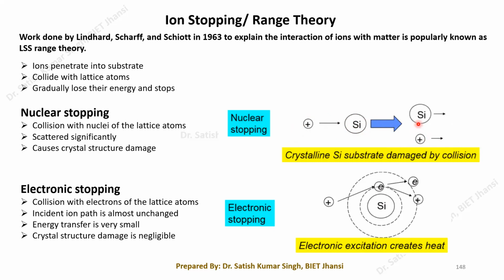Because of this, scattering of the ion beam will take place, and that also causes damage to the crystal. This way, nuclear stopping will take place.